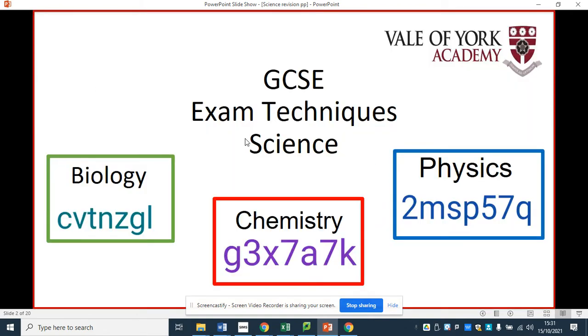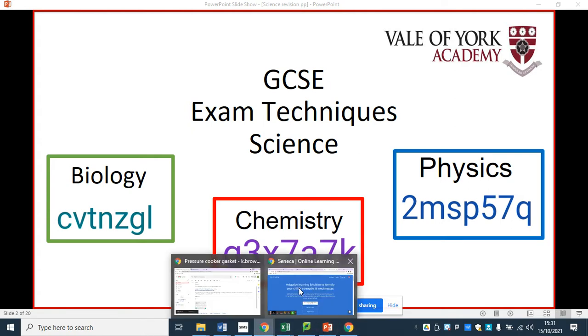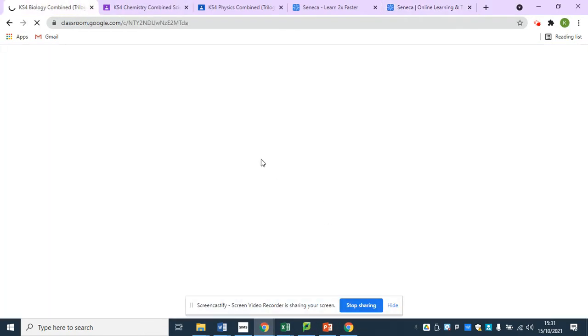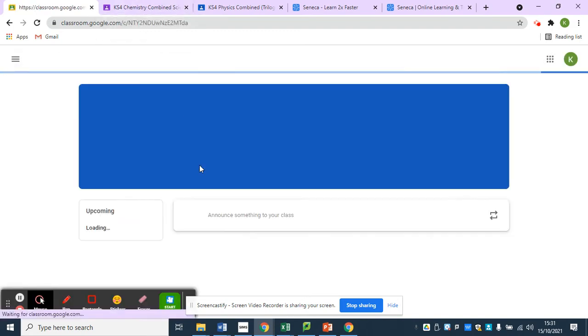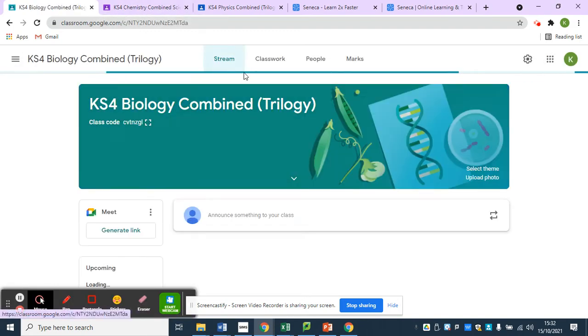So all students should be part already of a Google Classroom. Here are the codes if you're not already, and I'll show you what those look like. On each of these Google Classrooms, there's lots of different resources that you can use.